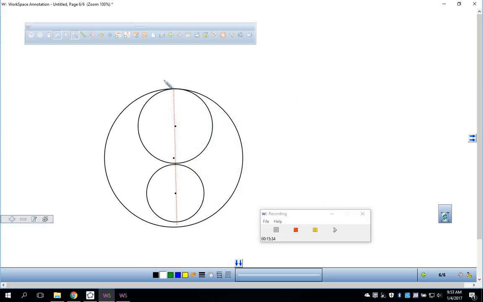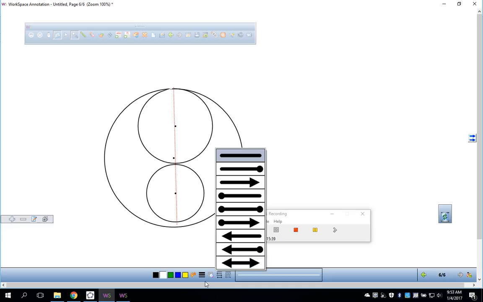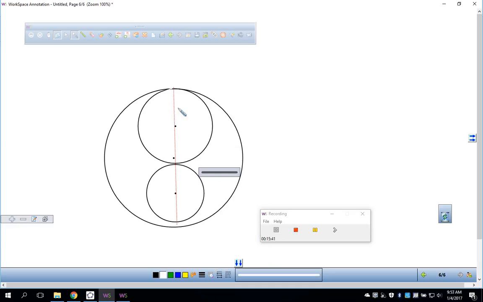Okay, so you erase this part. Let's see if I can make it thicker. You erase half of it over here, and then you erase half of it over on this side. See? If I did it right and everything was tangent to each other, then I get that yin-yang thing.